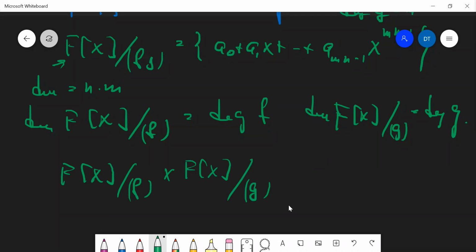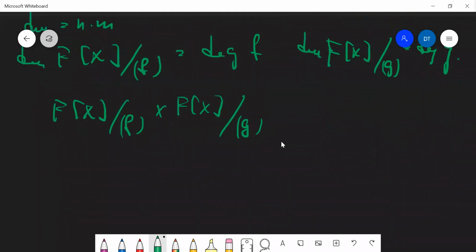then what is the basis of the left summand? These are powers of x from 0 to n minus 1. What is the basis of the second factor? These are powers of x from 0 to m minus 1. So what is the basis of the direct sum?